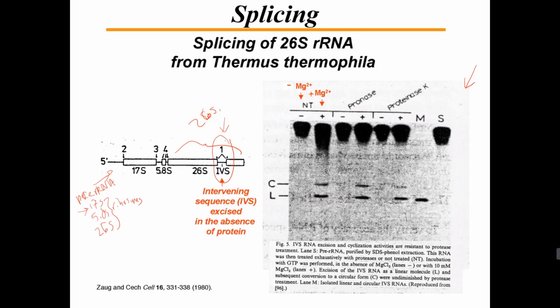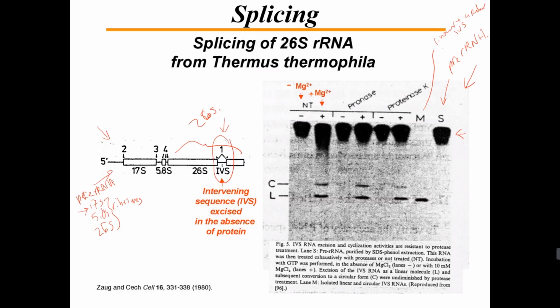Okay, so if we look at this blot, basically what we have in this lane S is the pre-rRNA transcript, so basically the entire transcript that we've denoted over here on the blot. So we can see it has a very large molecular weight. He also isolated in lane M both linear and circular IVS.